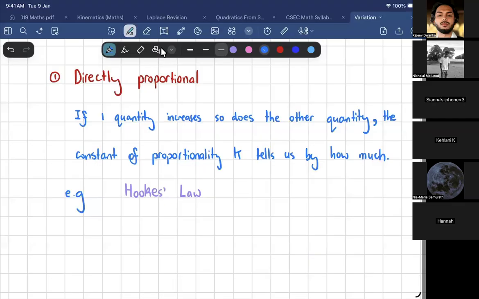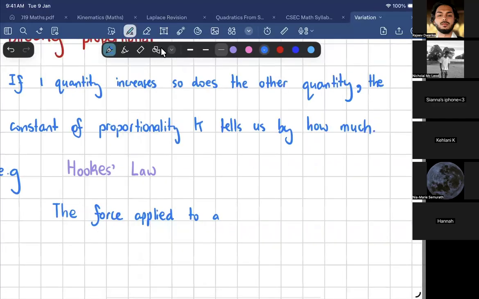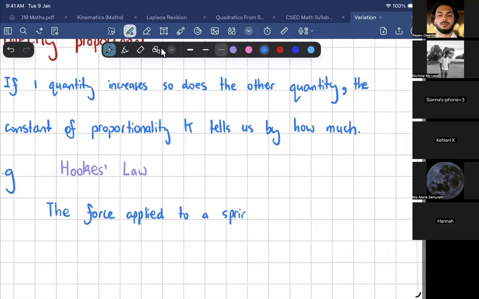Yeah, it would expand, it gets bigger, and we call that extend. So this example goes like this. The force applied to a spring is directly proportional to the what?